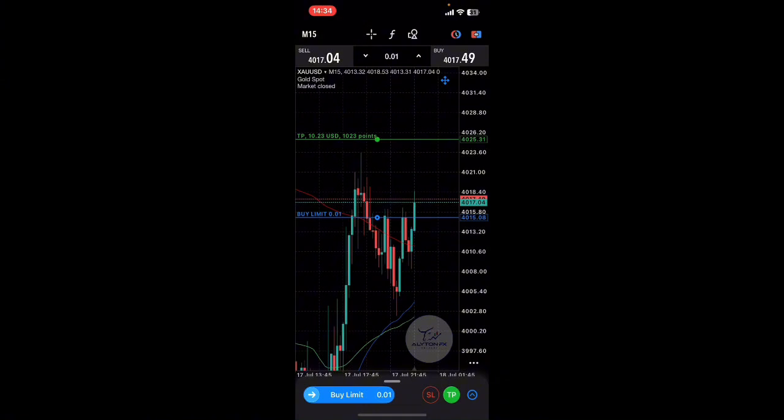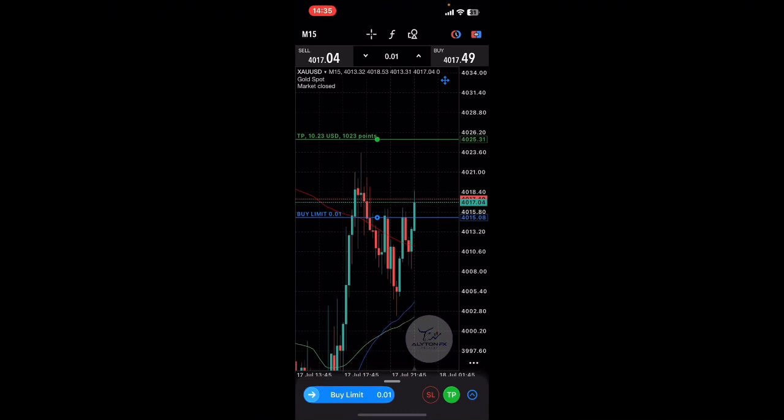4025.31 is giving us 10.23 USD with 0.01 lot size. This means that we bought at 4015, our take profit is at 4025, and it's giving us 10 USD. So if we use 0.01 lot size and we get 10 USD, it means that we are making 100 pips in profit according to retail traders.